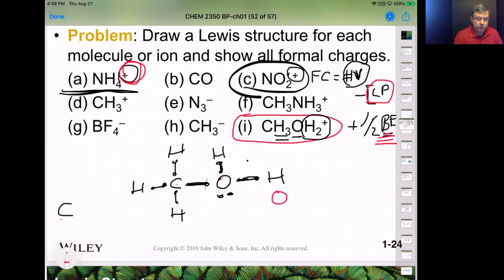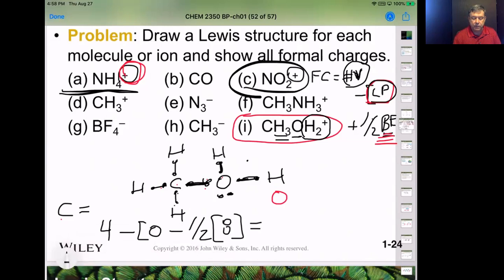If we start with the carbon, the formal charge is equal to the valence electrons it has, which is 4, minus the lone pairs, and there are 0 lone pairs on carbon here, minus 1/2 of the bonded electrons. So we have 1, 2, 3, 4, 5, 6, 7, 8. That's 8, and half of that is 4. So we have 4 minus 4, which is equal to 0. So carbon has 0 formal charge.